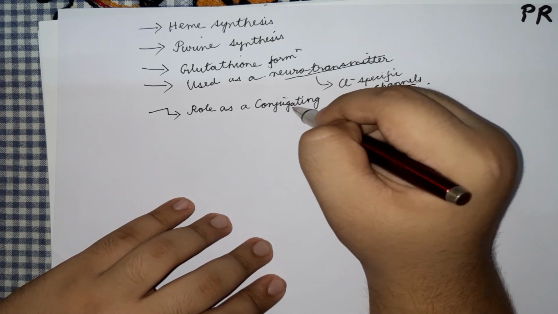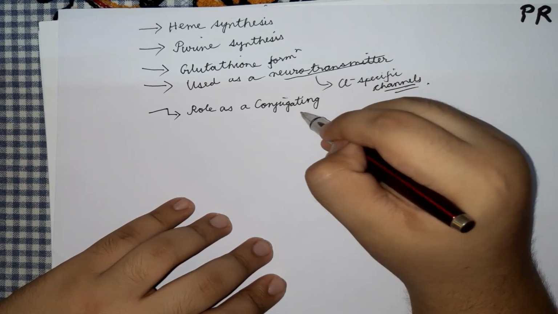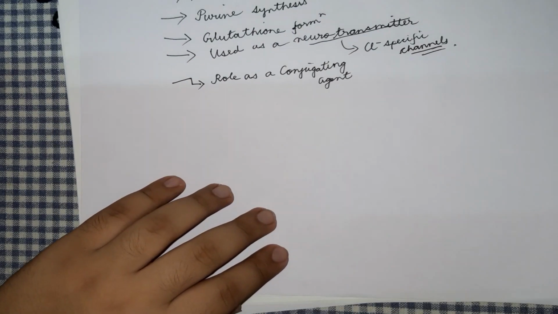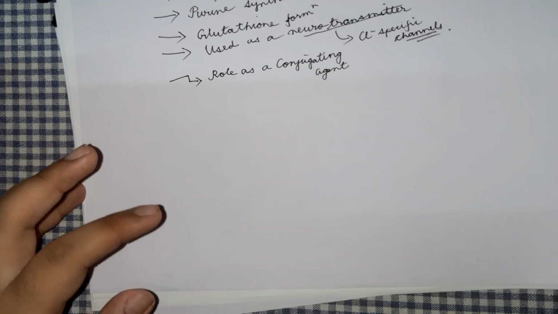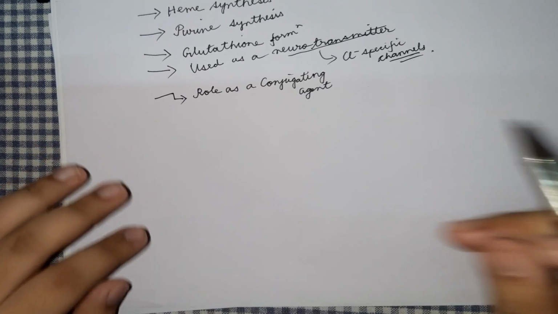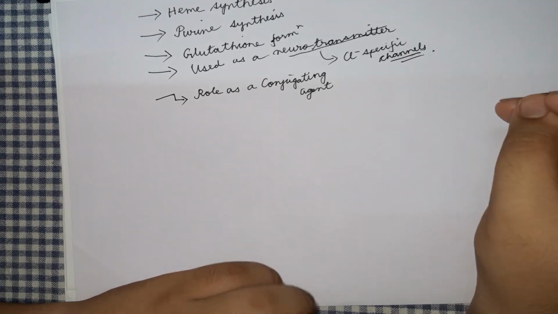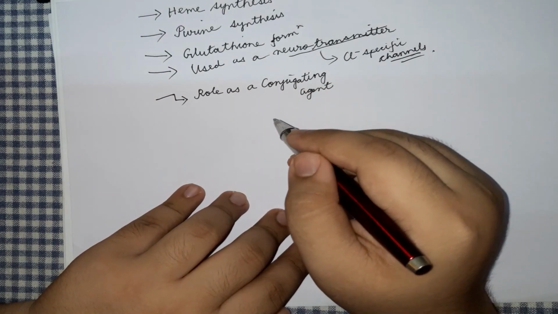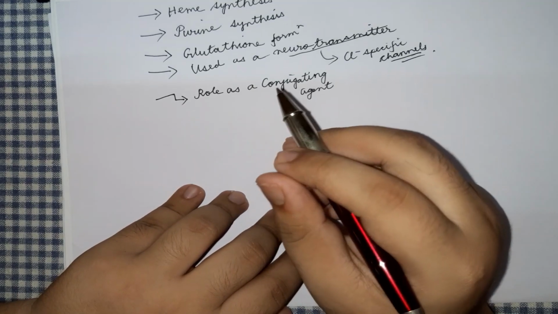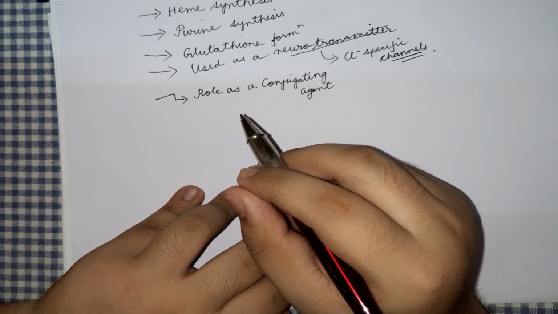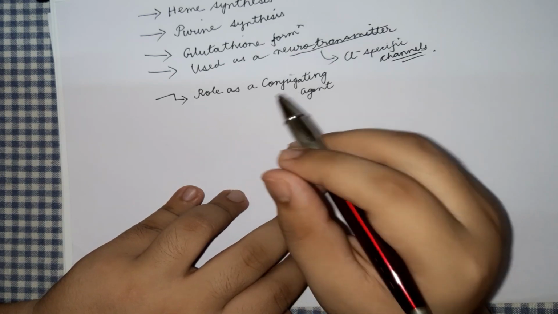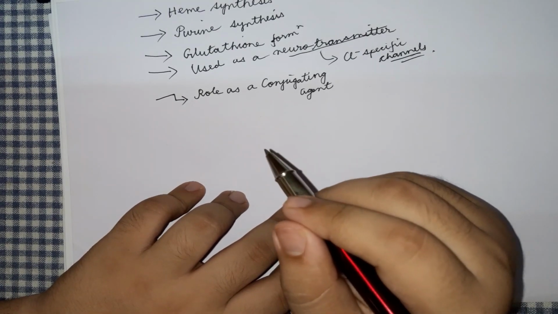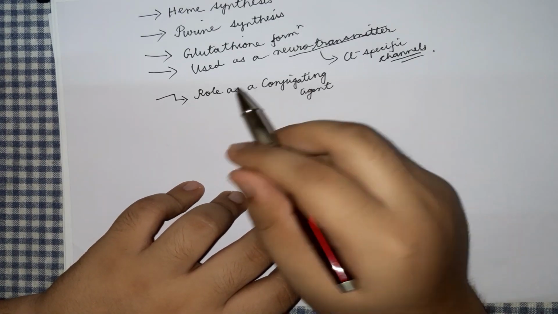It means, if you remember bile acids and bile salts, sodium glycocholate, taurocholate, etc. Glycine is used to conjugate these bile acids to produce bile salts. So it is a very important conjugating agent.